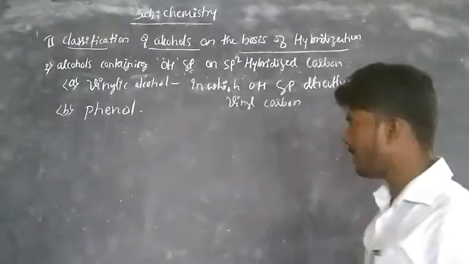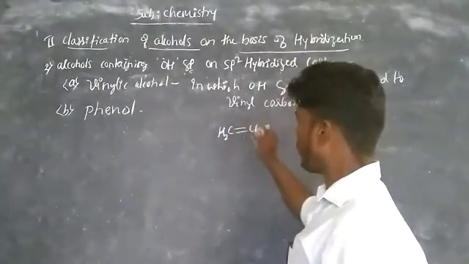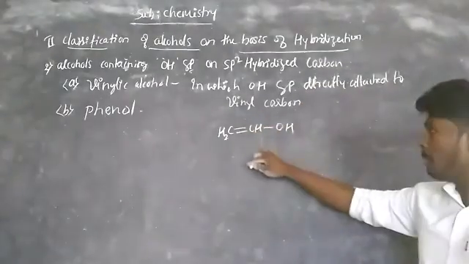Vinyl carbon is nothing but, see here, example CH2 double bond CH OH. OH is directly attached to the double bonded carbon.